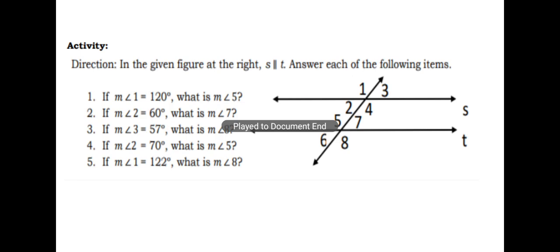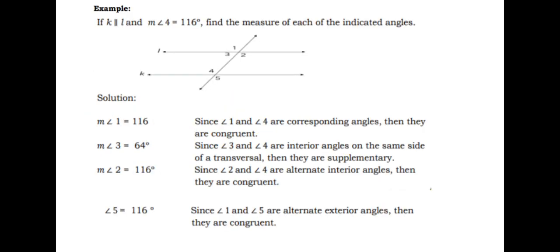So let's say this one. This one is 116, right? 4 and 5 are vertical angles, so therefore 5 is also 116, right? Then 1 and 4 are corresponding angles, so therefore this is also 116.